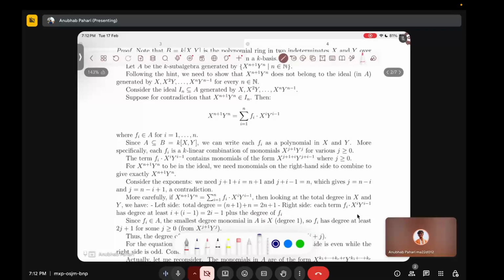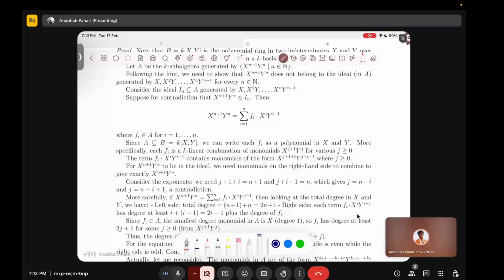Now since A is contained in B, which equals K[x, y], we can write each f_i as a polynomial in x and y, and more specifically each f_i is a K-linear combination of monomials x^(j+1) y^j for various j greater than or equal to 0. The term f_i x^i y^(i-1) contains monomials of the form x^(j+1+i) y^(j+i-1), where j is greater than or equal to 0.